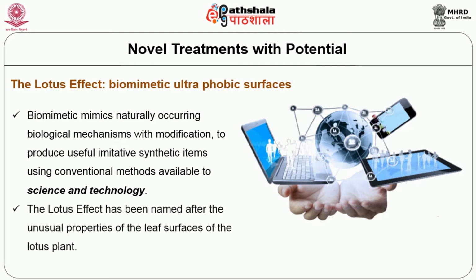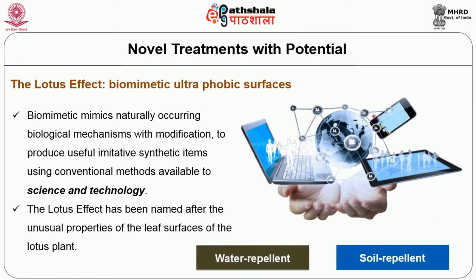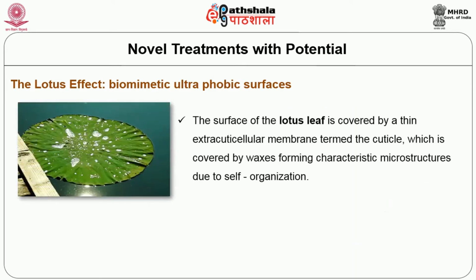The lotus effect has been named after the unusual properties of the leaf surfaces of the lotus plant, which are remarkably water repellent and soil repellent. The surface of the lotus leaf is covered by a thin extracellular membrane termed the cuticle, which is covered by waxes forming characteristic microstructures due to self-organization.